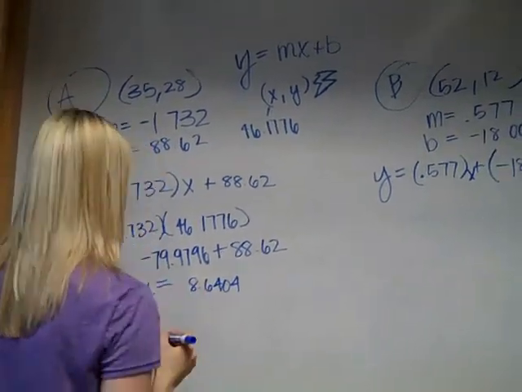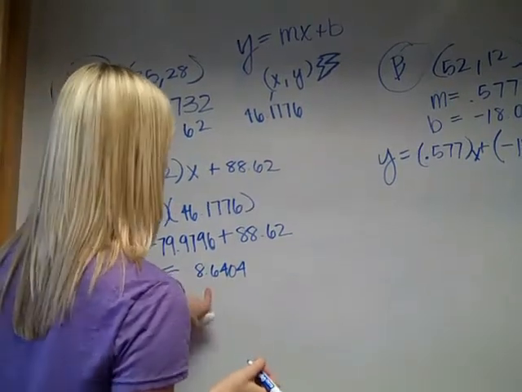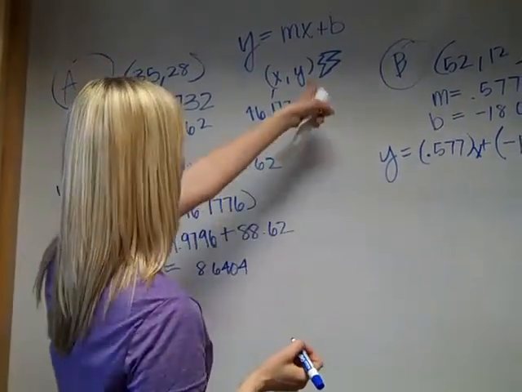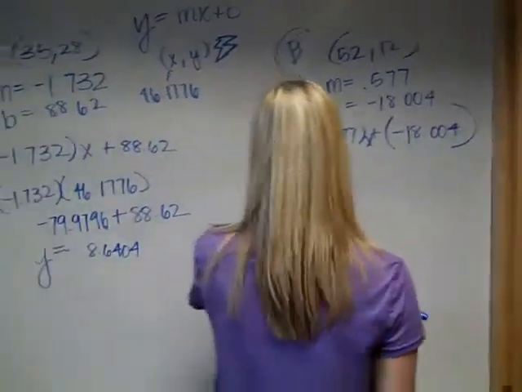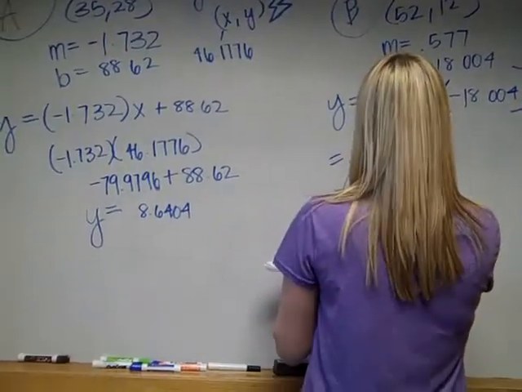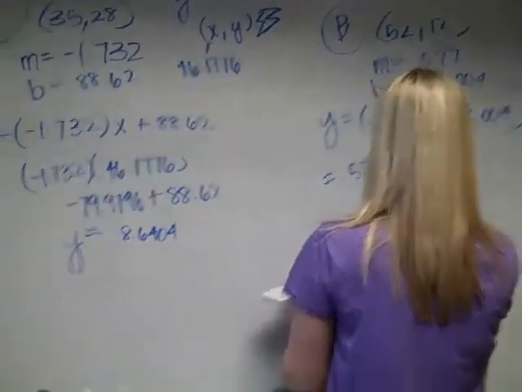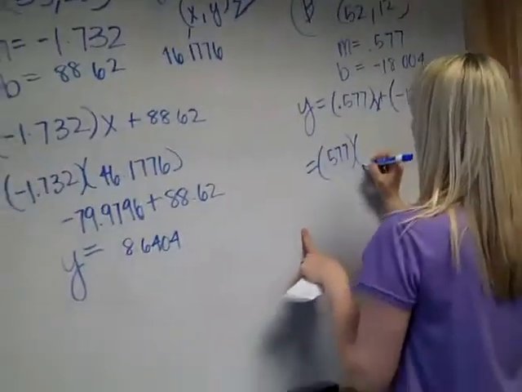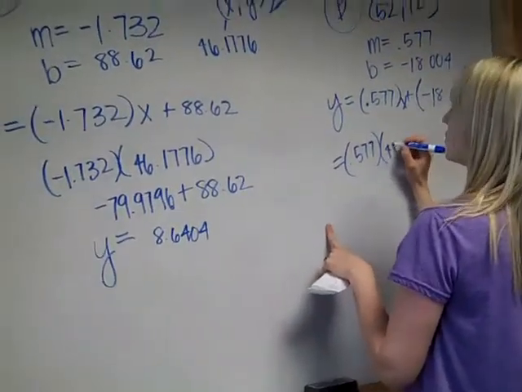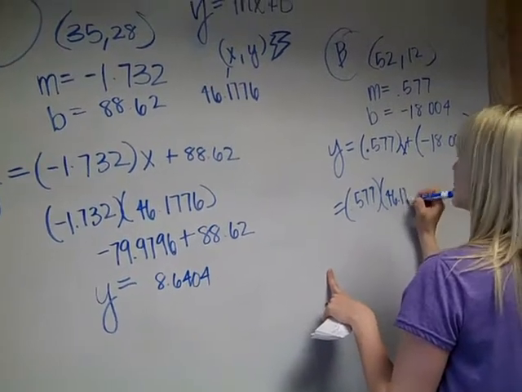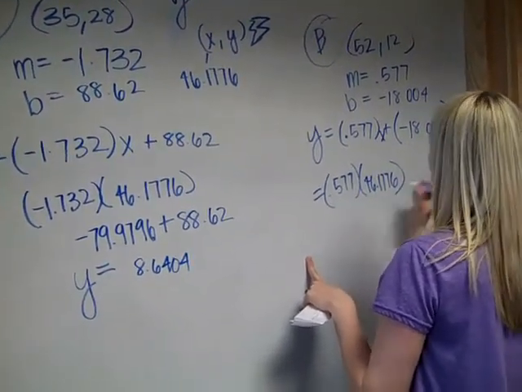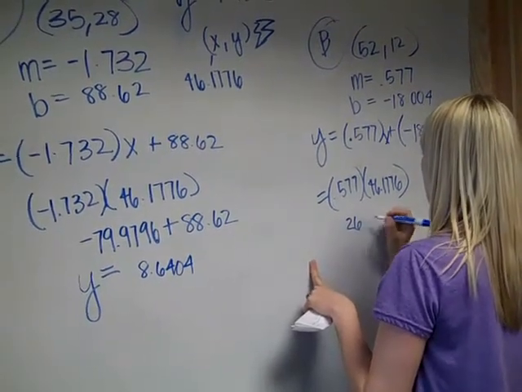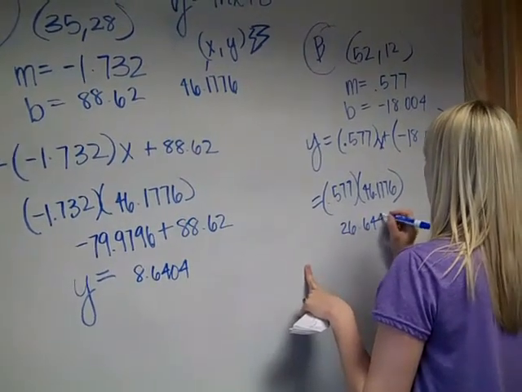This is what y equals in this equation, and it's almost certain that it's going to be the same for both. So just to double check, let's plug x into this one. 0.577 times 46.1776 is 26.6445.